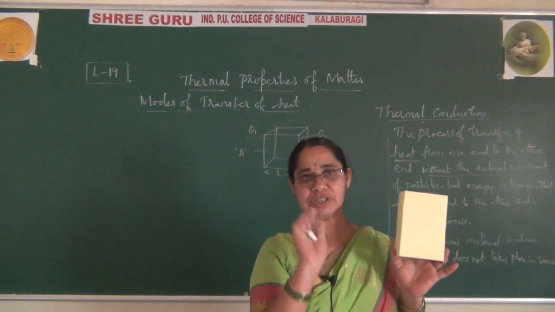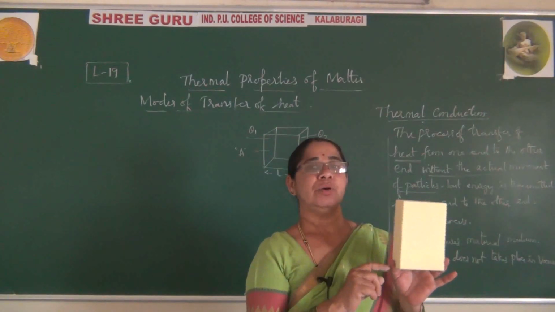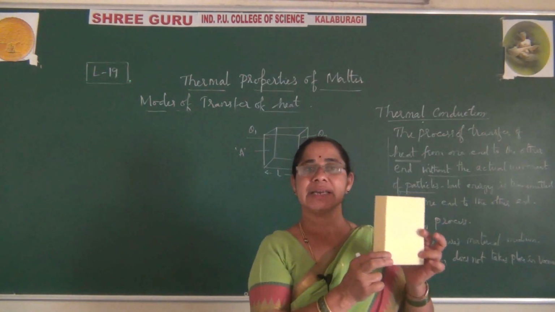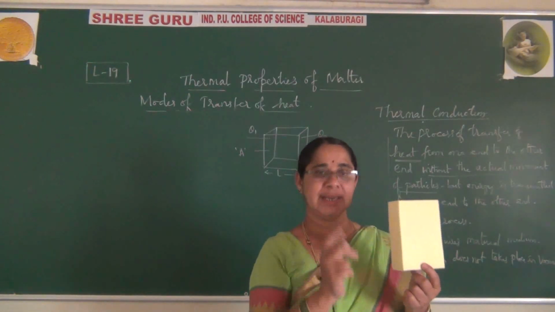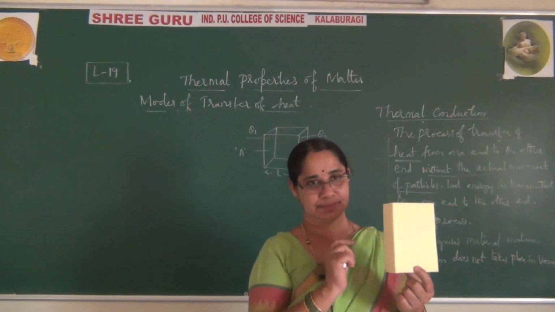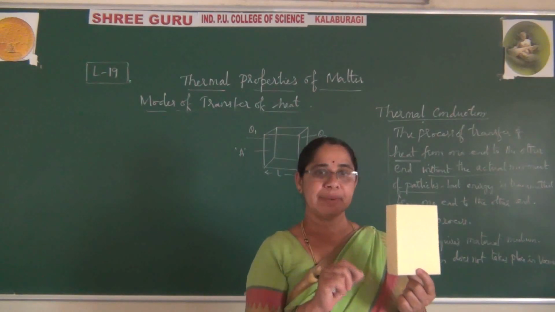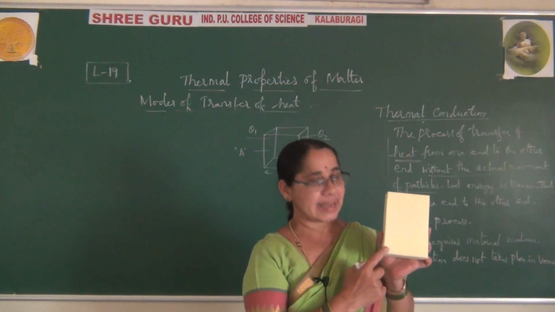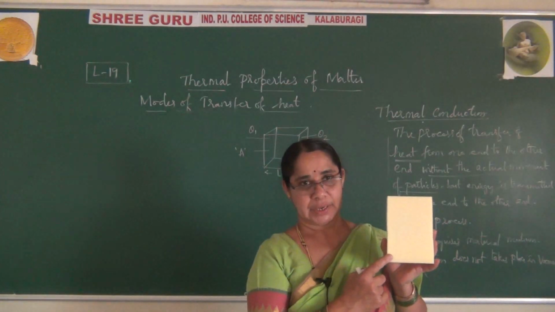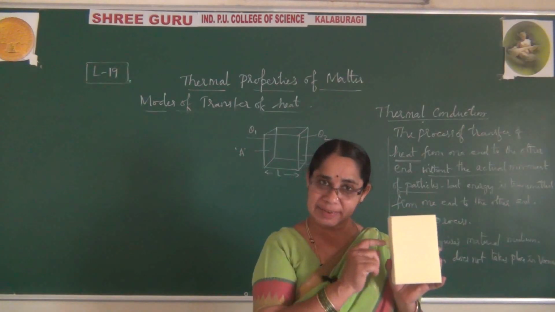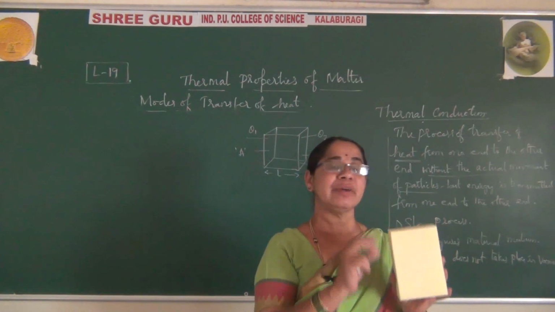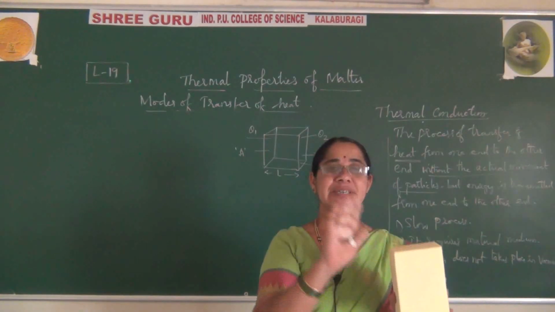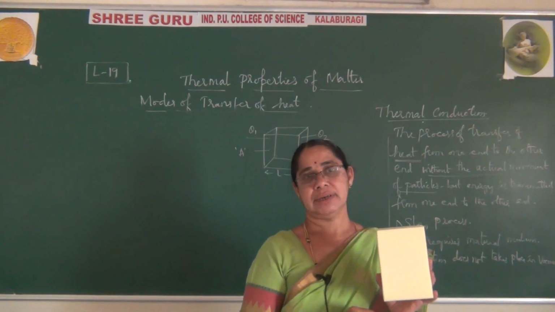The thickness of this cube is X. Let A be the area of cross section, and the length is taken as L. At the same time, I am giving heat to it. It takes some time interval to conduct throughout the substance. The time required to conduct heat through the substance is t seconds.